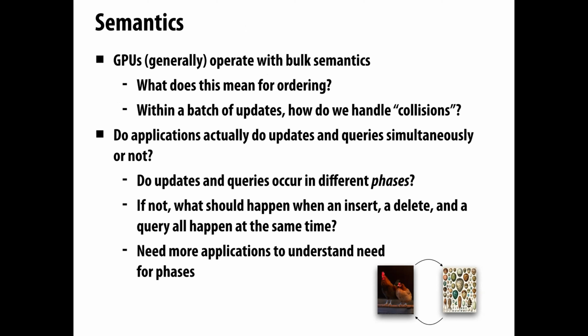Another big picture question we have is, as we move from a serial data structure where the semantics are very well established because things are serialized, to a parallel world, what does semantics actually mean? So what does it mean to put in a bunch of insertions as a bulk operation? How are those ordered? How do we handle what happens when you have 100,000 insertions into a data structure and two of them insert into the same key?